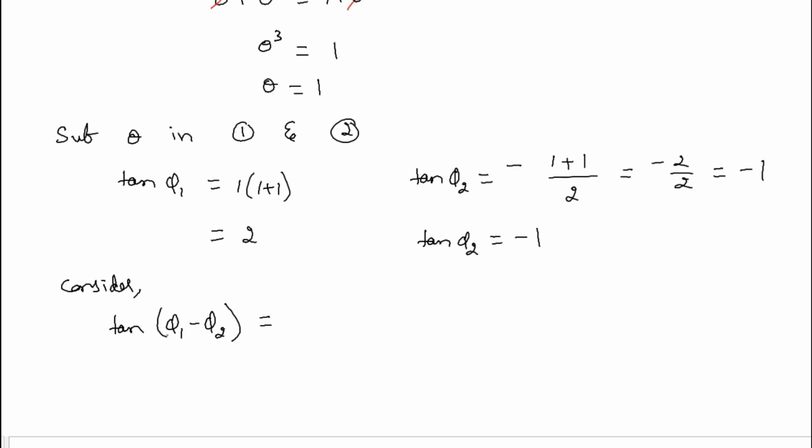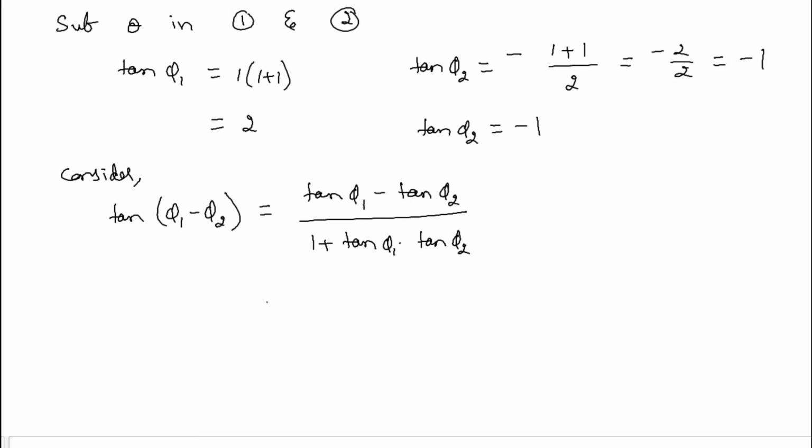It is in the form tan(A − B), which is (tan A − tan B) divided by (1 + tan A tan B), that is (tan φ1 − tan φ2)/(1 + tan φ1 tan φ2).